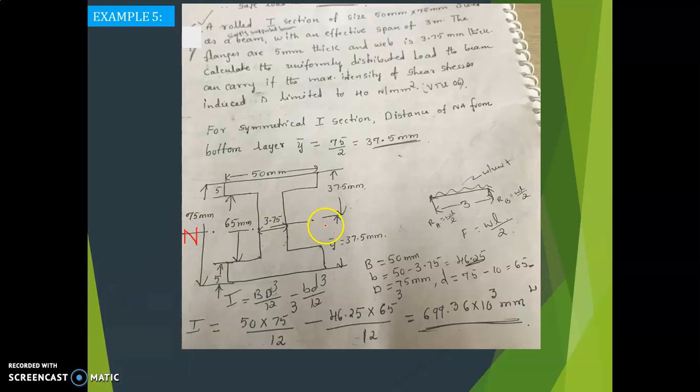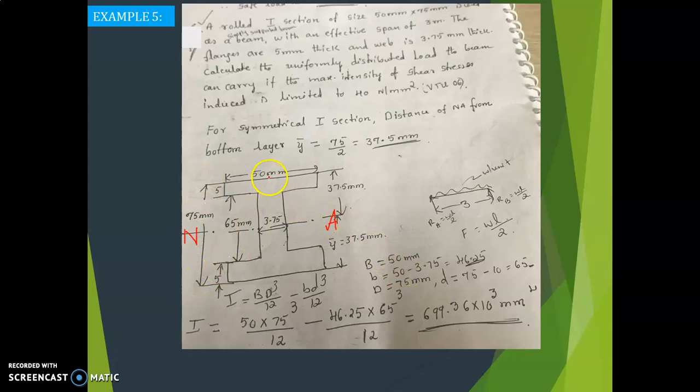Now, what you have to calculate? You have to calculate I. How can I calculate I? In the case of symmetrical section, I is given by BD cube divided by 12 minus small bd cube divided by 12. What is capital B here? Capital B is 50 mm and capital D is 75 mm.